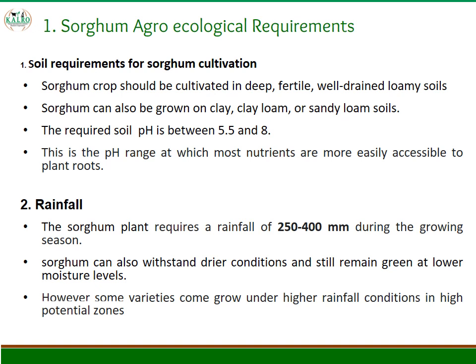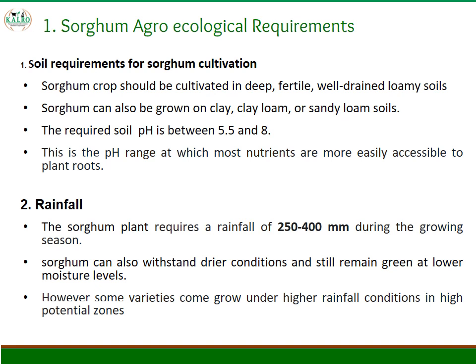So sorghum should be cultivated in deep, fertile, well-drained, loamy soils. But also sorghum can grow, as we have said, in a wide range of clay loam or sandy loam soils. But most important is that sorghum requires a pH of 5.5 to 8, meaning that very acidic soils will not be good for sorghum.